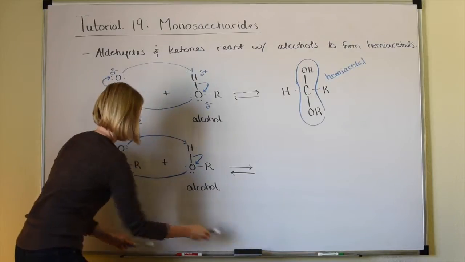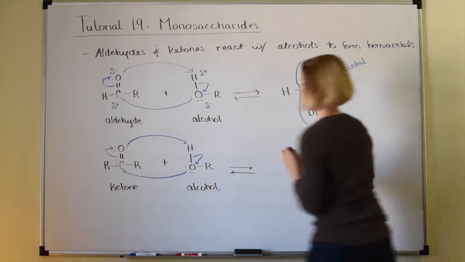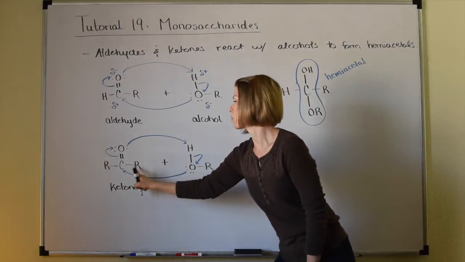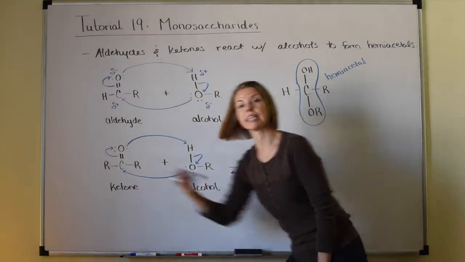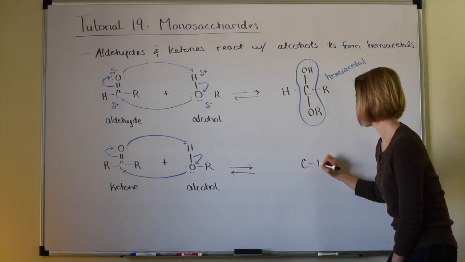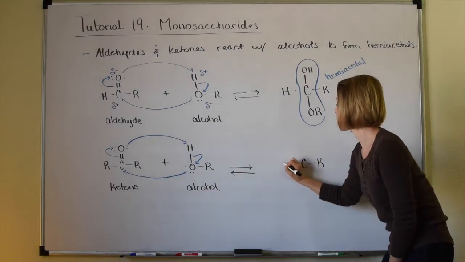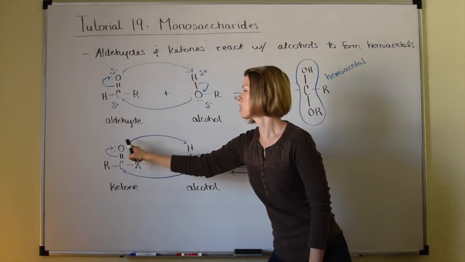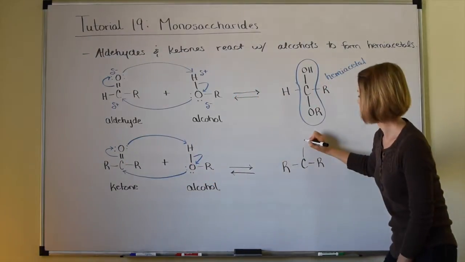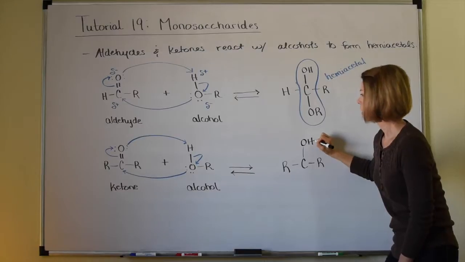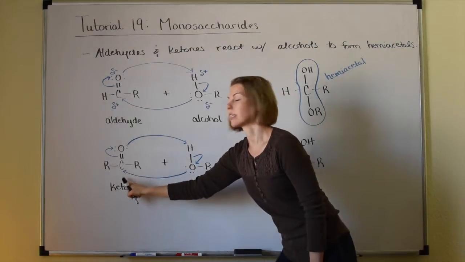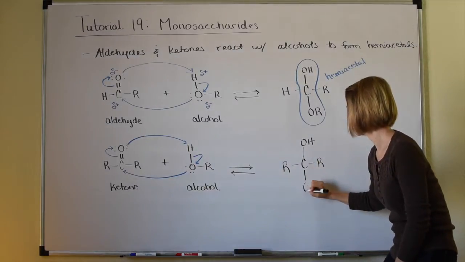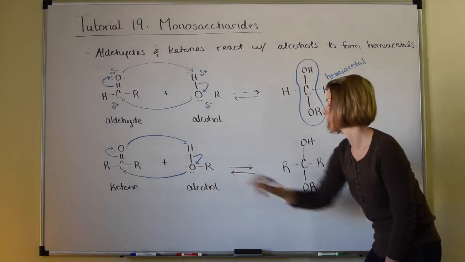So our product, again, draw the carbon with its two R groups from the ketone. Those didn't change. Those bonds remain unchanged. But now we just have a single bond to an OH. And then we have another bond here that formed to the OR of the alcohol. What was the alcohol here?